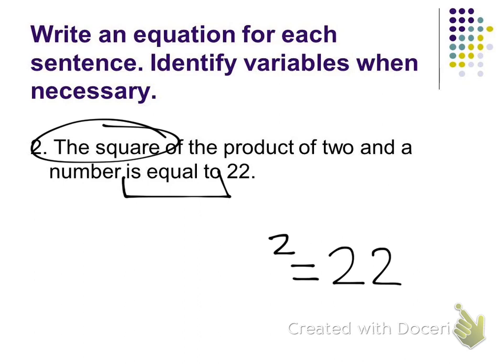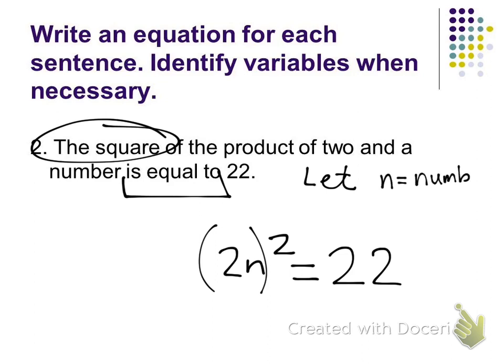And what am I squaring? 2 times n. Now, if I leave it this way, I'm just squaring the n part. But I want to actually square the product of 2 and a number, so I need parentheses to show that that part has to happen first. And then I left something out. Since they didn't tell me what number to use, I have to actually define that number with a let statement.